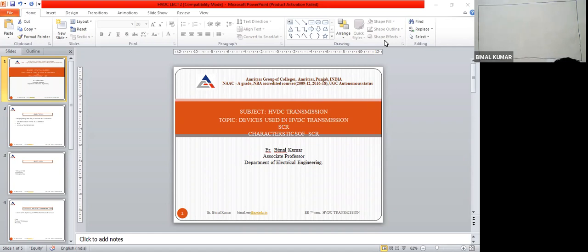So converter station 2 will act as equivalent to the inverter, and it is placed near the load center. Generally converter station 1 is placed near the generating station, and converter station 2 is placed near the load end, right?